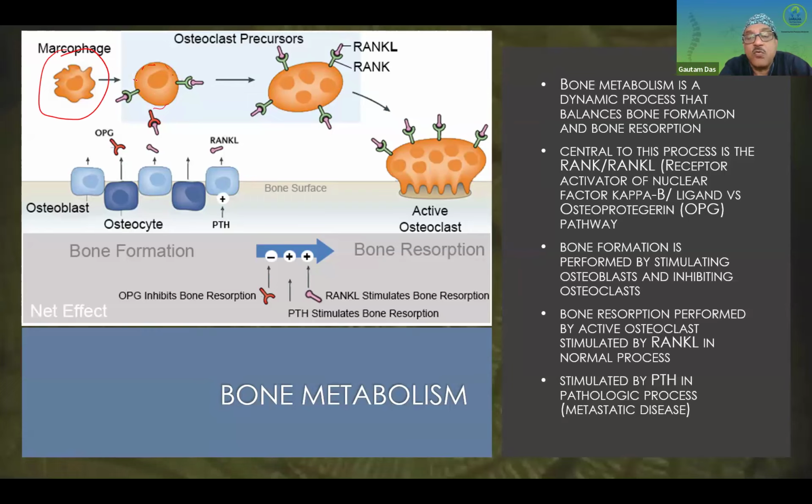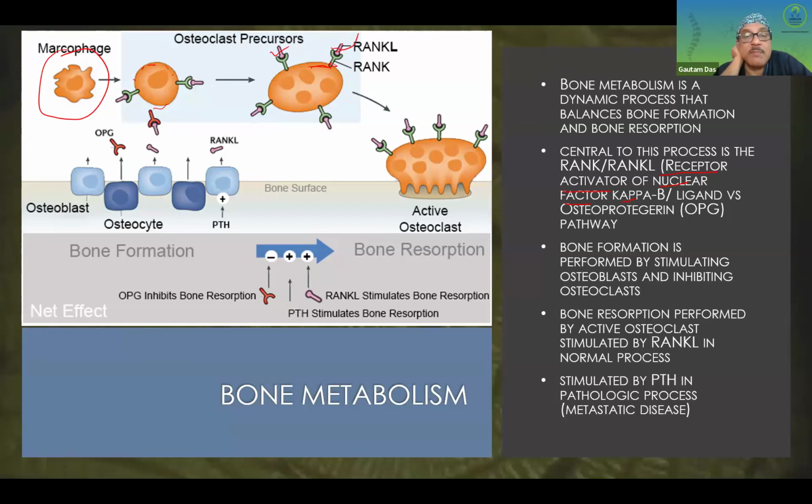What is the full form of RANK? Receptor activator of nuclear factor kappa B. That is RANK, and RANK-L is the ligand against it. This is RANK and this is RANK-L. So RANK is on the surface; these are the receptors. When the macrophage is maturing, these RANK receptors appear on the surface.